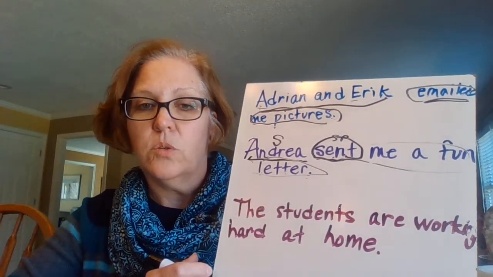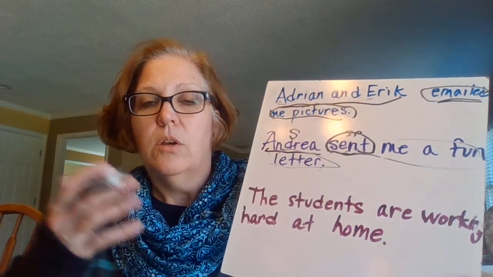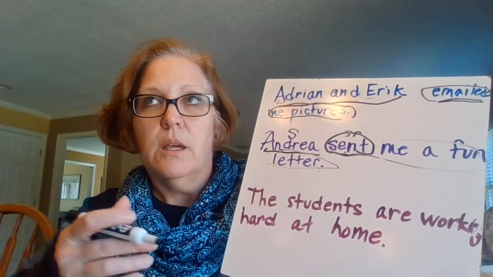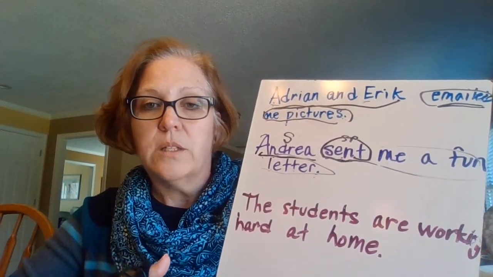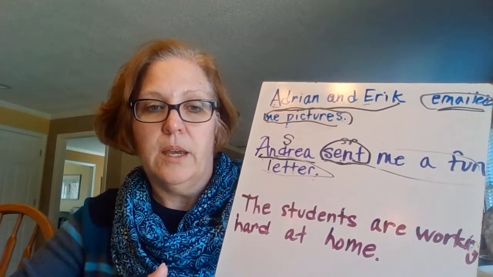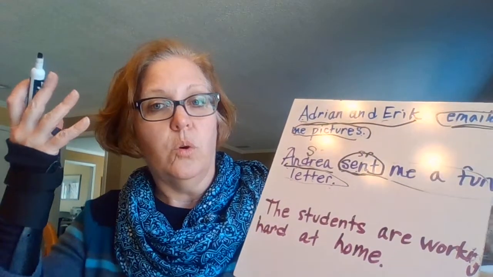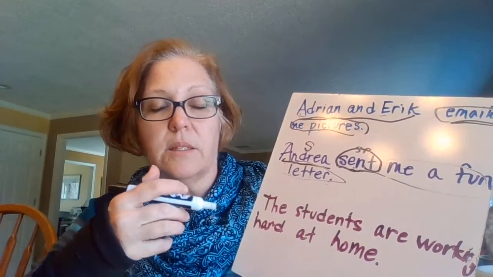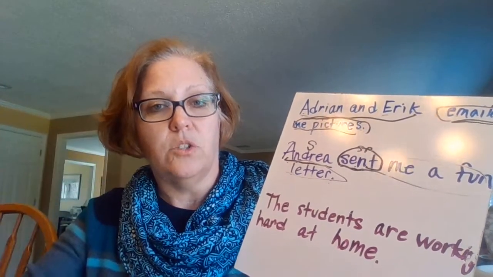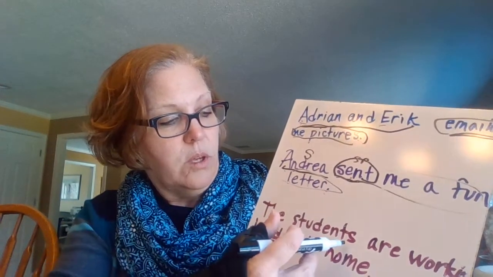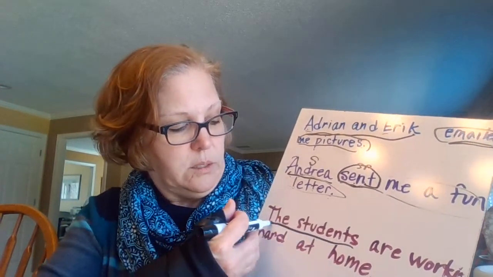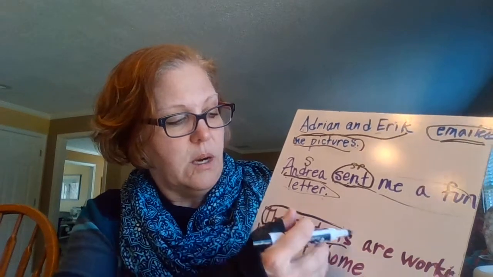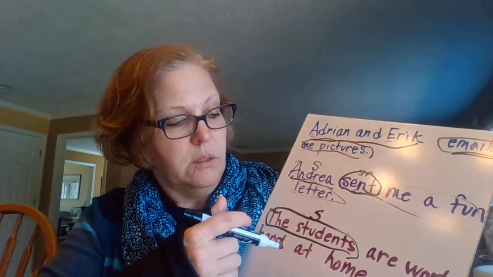If you can answer those questions, you'll be able to figure out what the subject is and what the predicate is. If we know who or what is doing something, then we can answer the question, what are they doing? So we know the students is our subject.